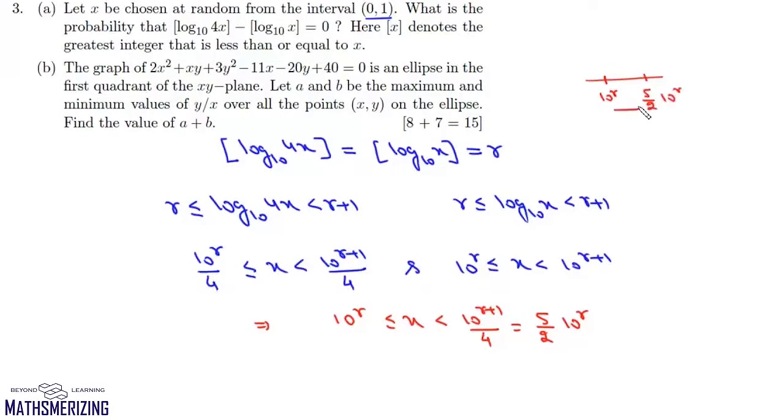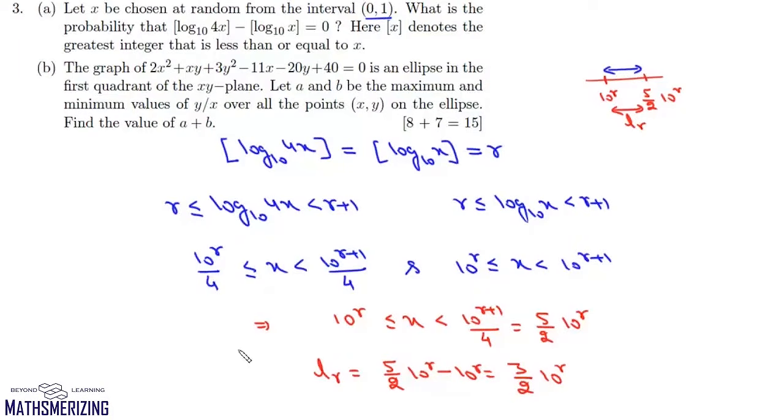Now if we find the length of this interval, say LR, then the length of this interval LR will be 5 by 2 10 to the power r minus 10 to the power r, which is 3 by 2 into 10 to the power r. Now we have to find the length of all such intervals for which the value of x will lie between 0 and 1.